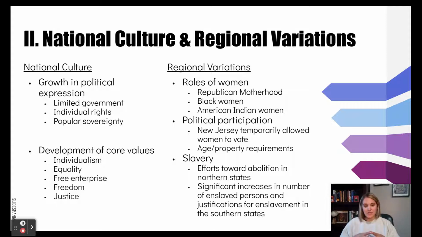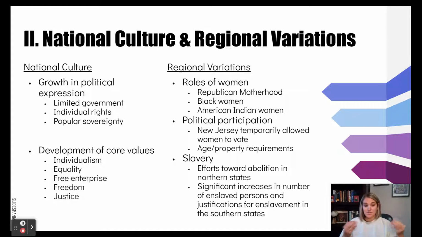And a lot of Americans are really trying to figure out, what type of government do we want in the United States? So ideas of limited government, individual rights, popular sovereignty, that's a really cohesive way to look at how Americans viewed what they wanted in the political system. We see the development of some pretty consistent core values: individualism, equality, free enterprise, freedom, and justice.